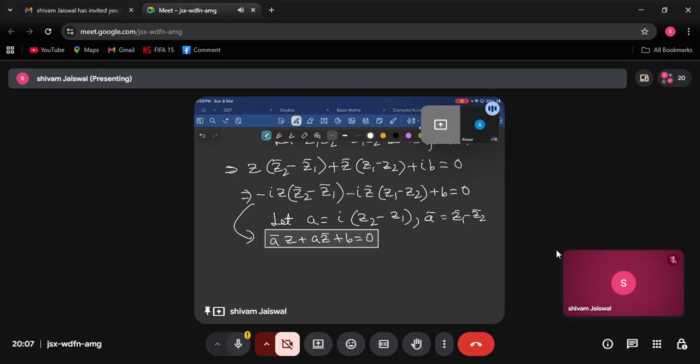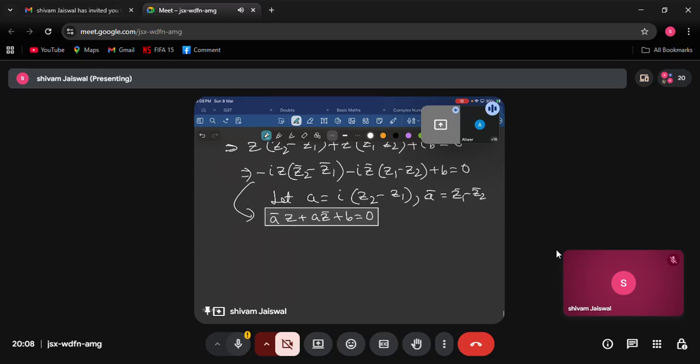Why I have derived it, we will understand: to find out the complex slope of the straight line. Again, complex slope of the straight line has never come in IIT, but you people may be the lucky ones.